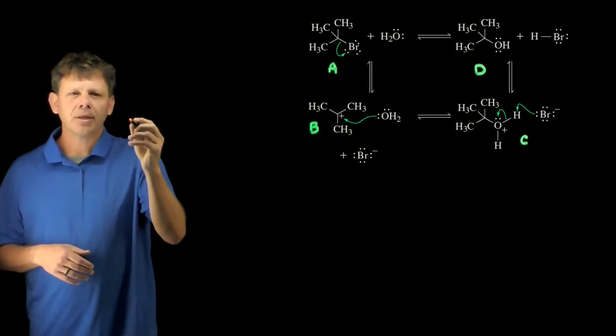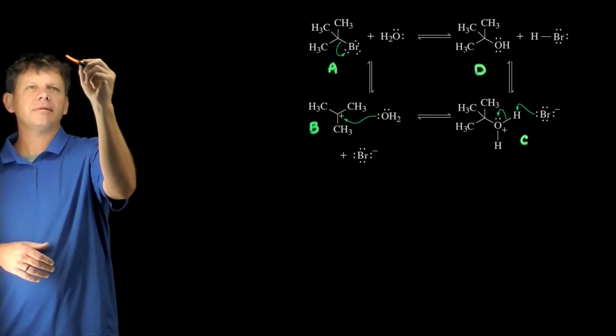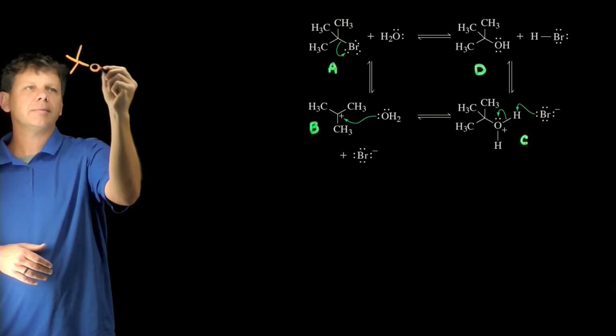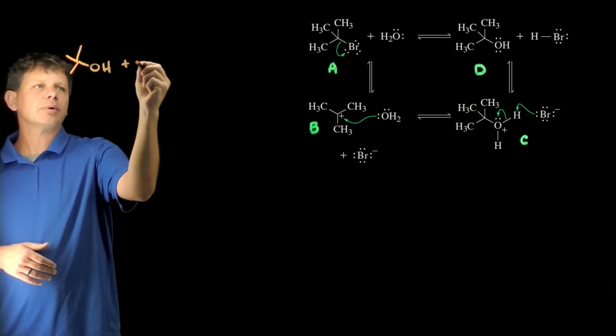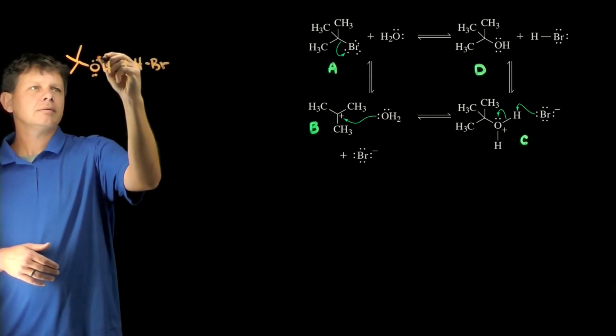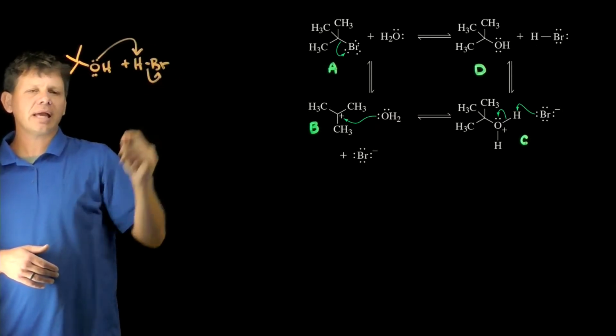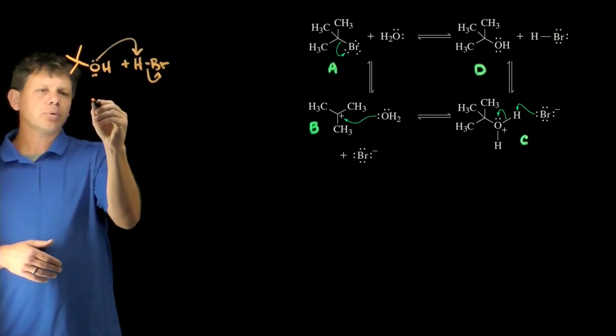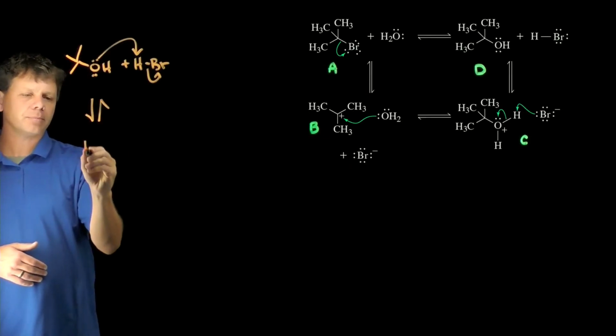So let's start with the alcohol that is represented by D. This will react with HBr in an acid-base reaction to protonate the hydroxyl group.